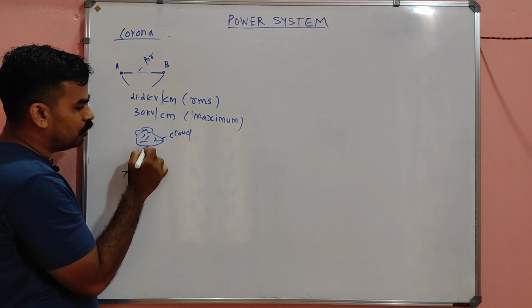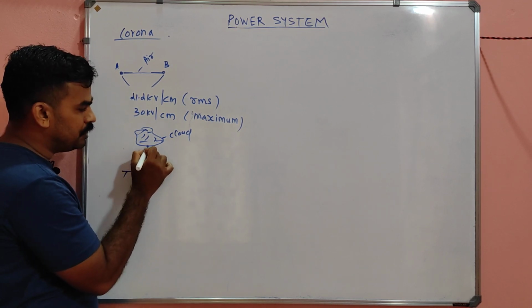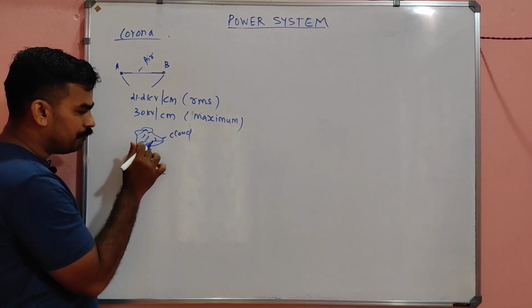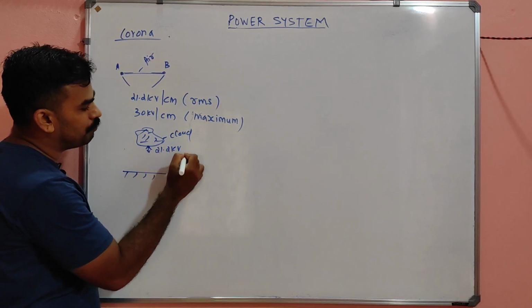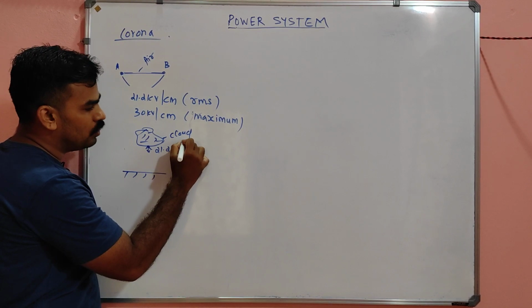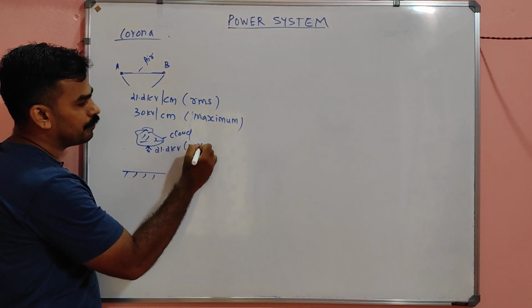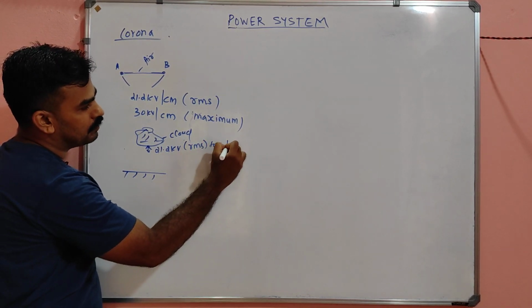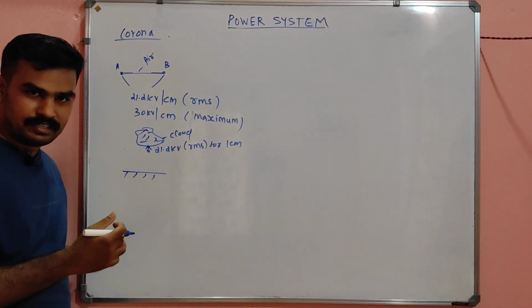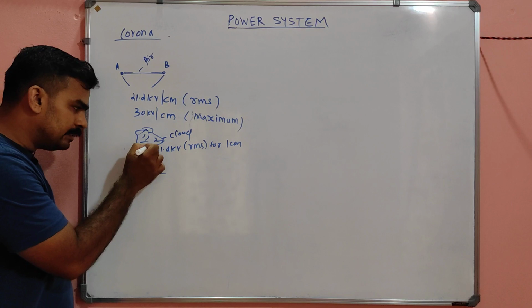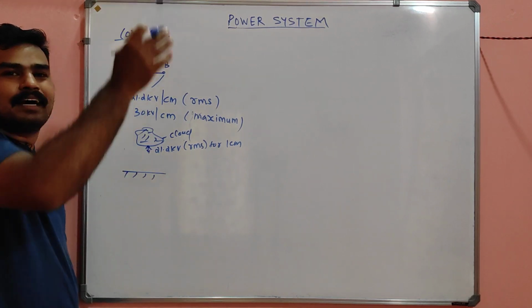Suppose the voltage in between reaches 21.2 kilovolt RMS per 1 centimeter, then that air will start to break down and will conduct. If it continuously happens, then there will be lightning.